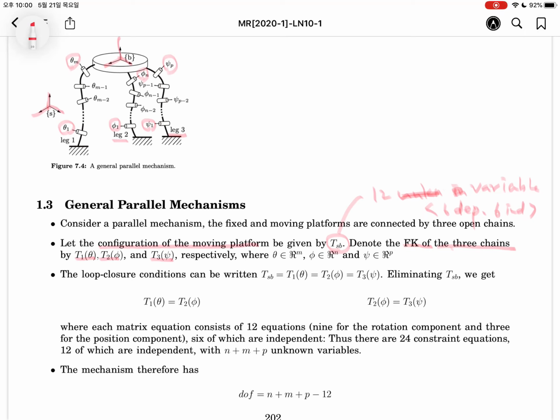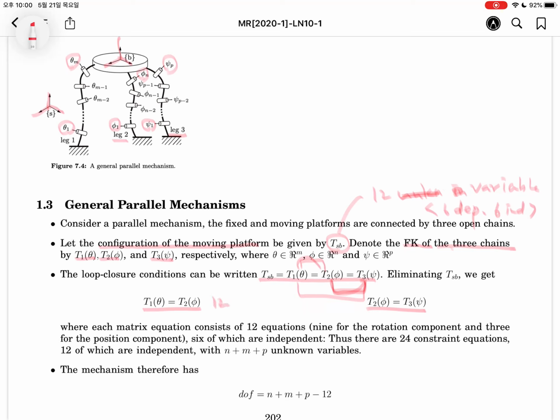The body frame should be equal to each other, so we can find 2 constraint equations from here and here. Instead of this equation, you can choose this one. It does not show any difference. You can just choose 1 and 2. So we have 2 matrix equations.